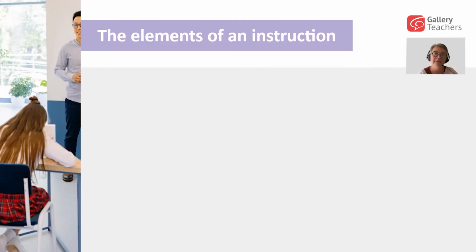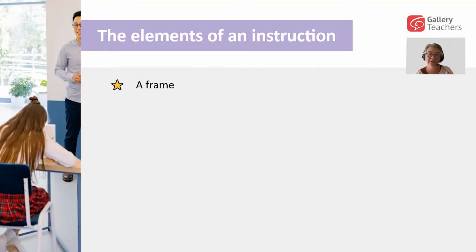So let's have a look at these elements in turn. First of all, we have a frame. Now, what do we mean by the frame? Well, the frame is a signal to your students that you've come to the end of the previous activity and you want to begin a new activity.